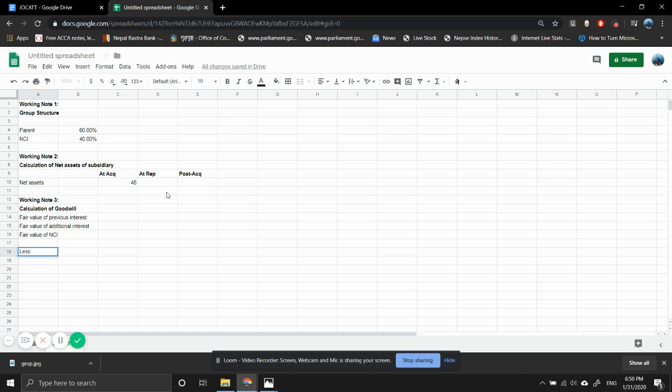Less net assets at acquisition. This is this figure minus this figure, okay?